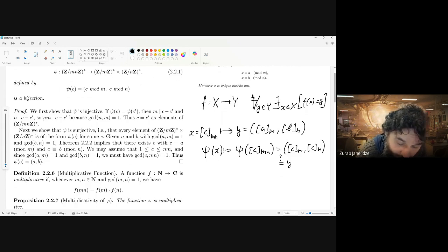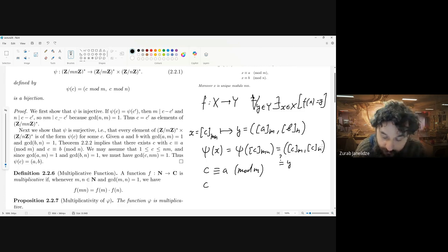Basically, we're looking for a value of C such that the equivalence class of C modulo M will be the same as that of A. So such that C is the same as A modulo M, and such that C in the second coordinate, this being equal to that, means that C is the same as B modulo N.